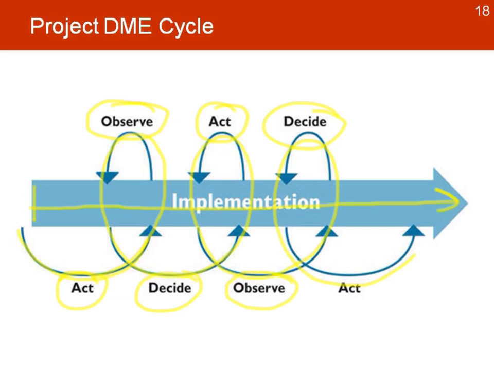So that is going to be the theme that we're going to use in the DME cycle: for any project, whether a 1-year project or a 3-year project, we need to have these continuous loops of observation, action, and decisions that help us make continuous improvements so that we can achieve the objectives of the project.